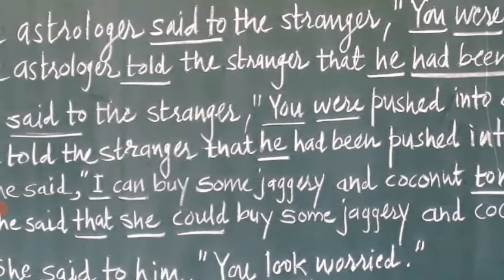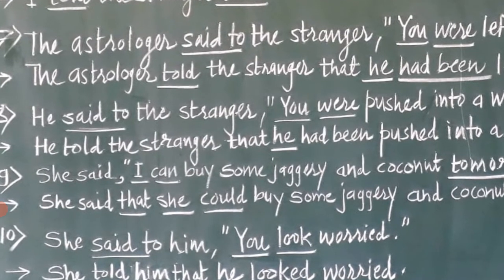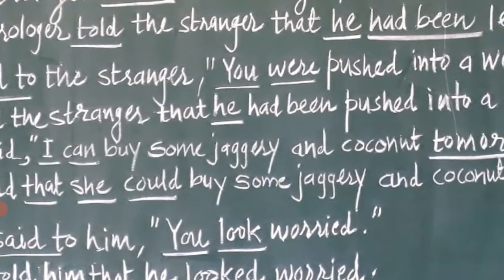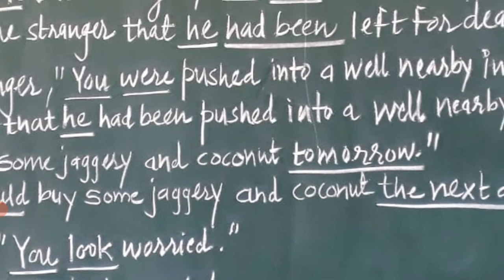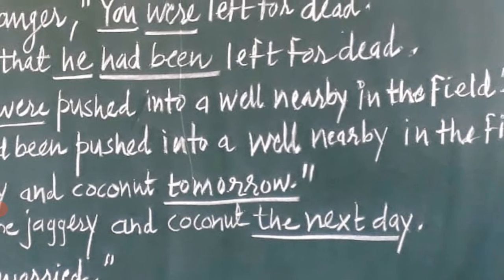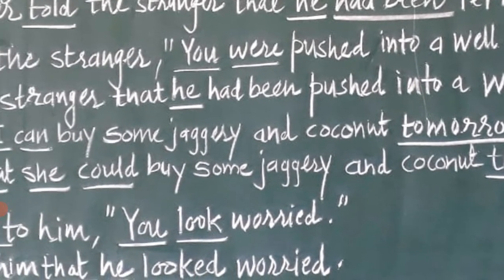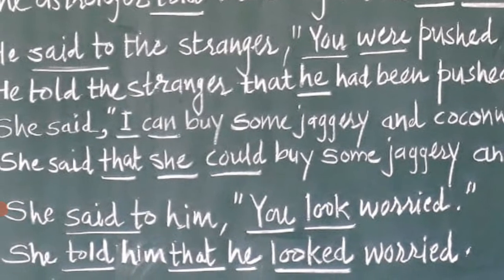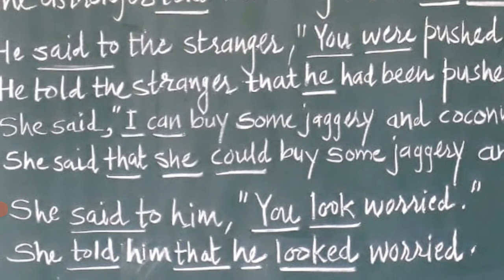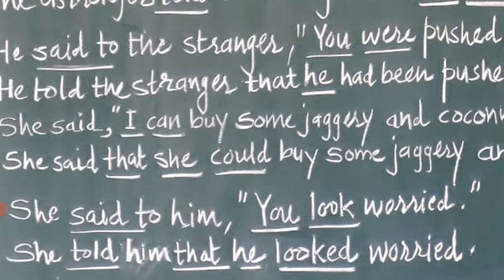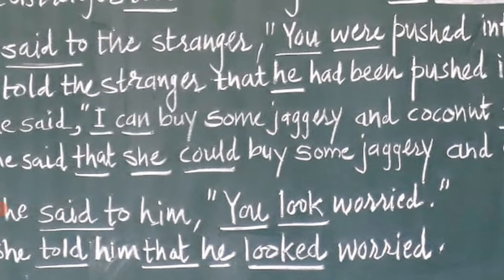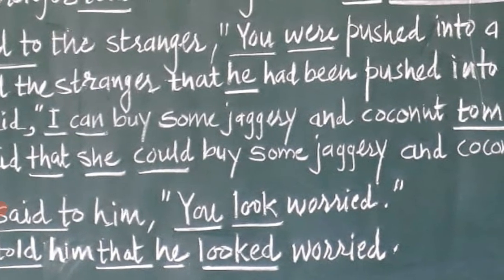Next sentence is, he said to the stranger, "You were pushed into a well nearby in the field." Again the sentence has reporting verb "said to", so it is converted into "told the stranger". Again it is joined with the conjunction "that".